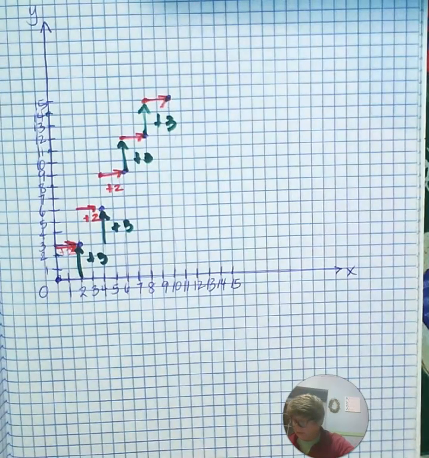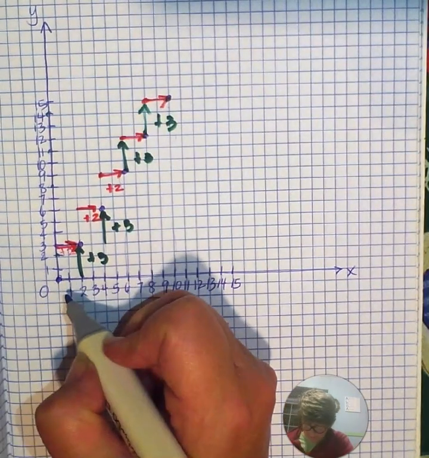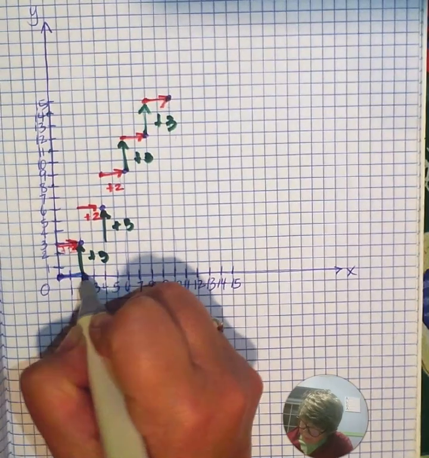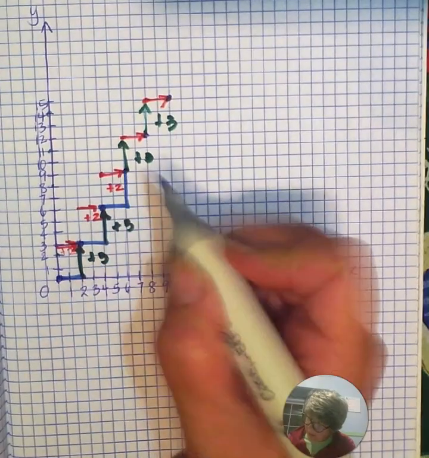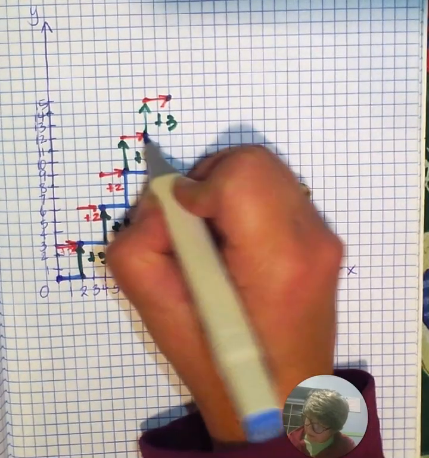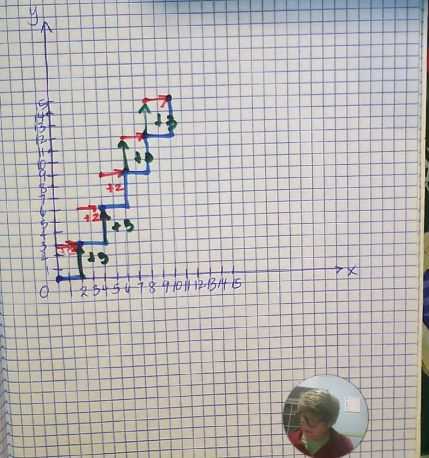And if you're having a little trouble seeing that, we could also do it this way. Let's try in blue. We're going to go across 2 and up 3, across 2 and up 3, across 2 and up 3, across 2 and up 3, across 2 and up 3. Okay? Because our pattern is going to continue, right?